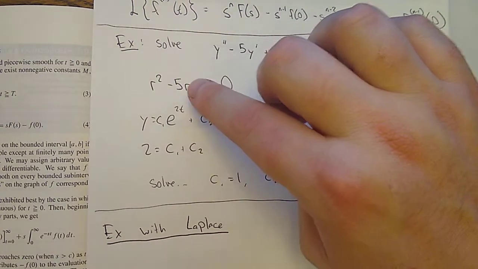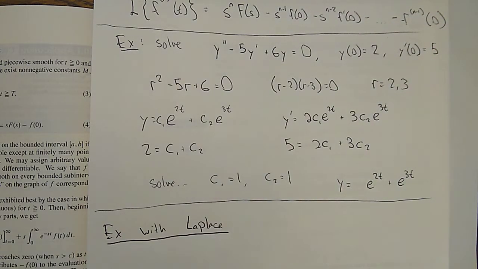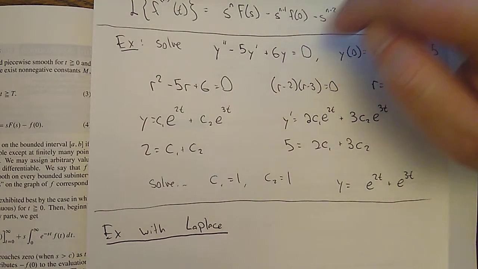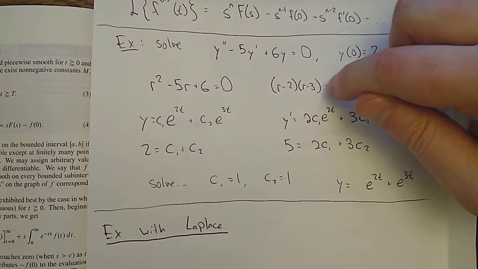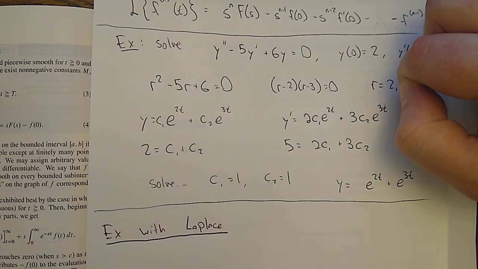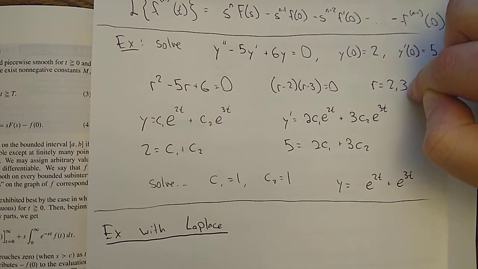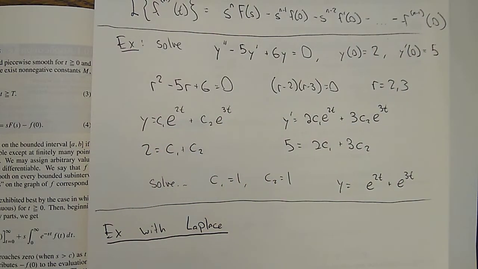These are the ones where we set up the characteristic equation. So r squared minus 5r plus 6 equals 0. We factor that to solve for r. I get r equals 2 and 3. That means my solutions are e to the 2t and e to the 3t, and my general solution is any linear combination of those two functions.